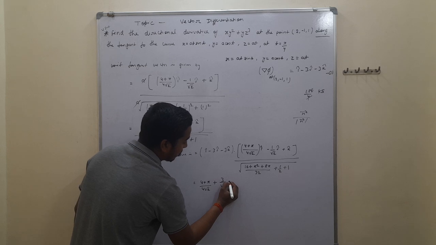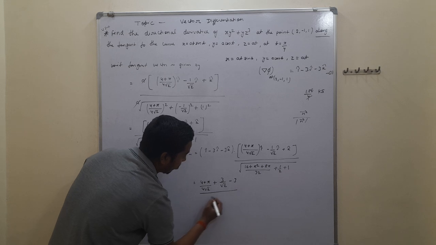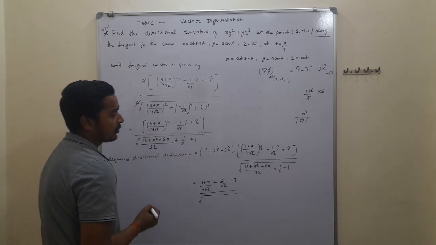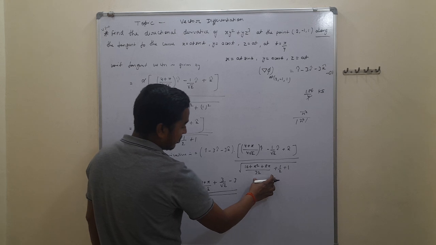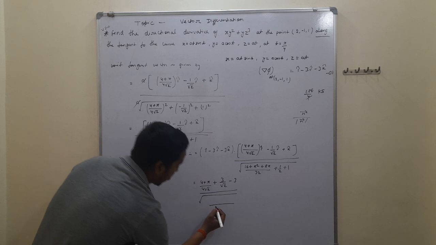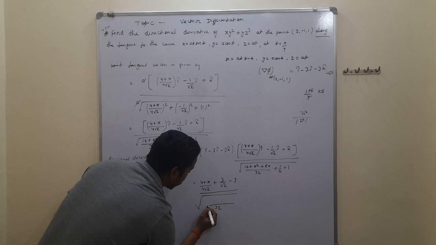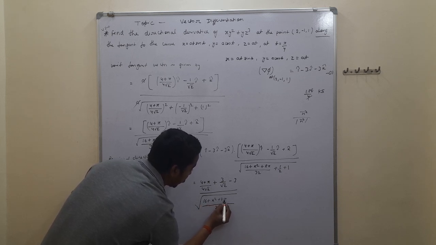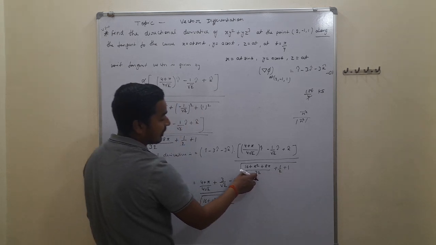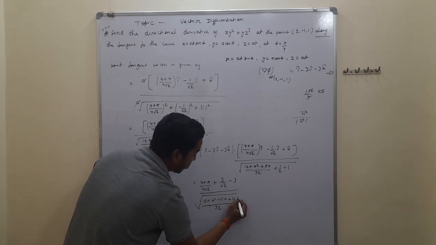This gives minus 3, upon under root of. We can also solve further here. Taking LCM, this is 32, we take LCM 32 in the roots, and here 16 + π² + 8π, and dividing 2 with 32 gives 16, plus 16, and here 1, so we write here 32, and further we have to solve.